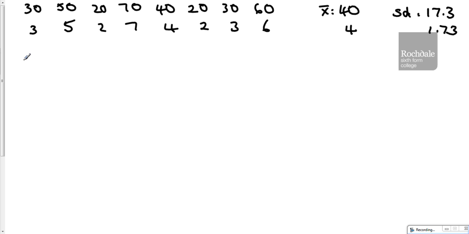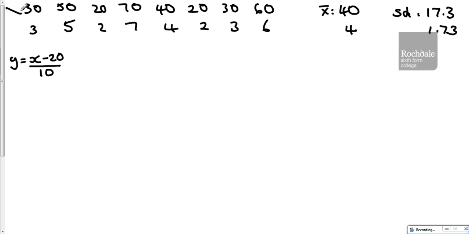Example 13 asks us first of all to subtract 20 and then divide by 10. So we could write that as a little formula. Whatever your x value was that you start with, take away 20, divide that by 10, and that gives us a new value which we're calling y. This is the coded value.